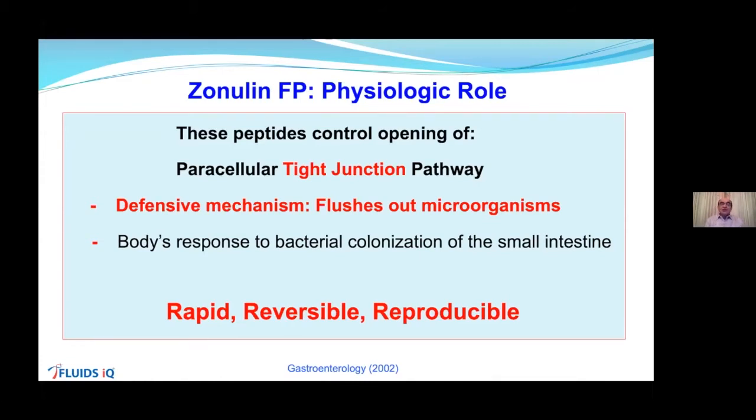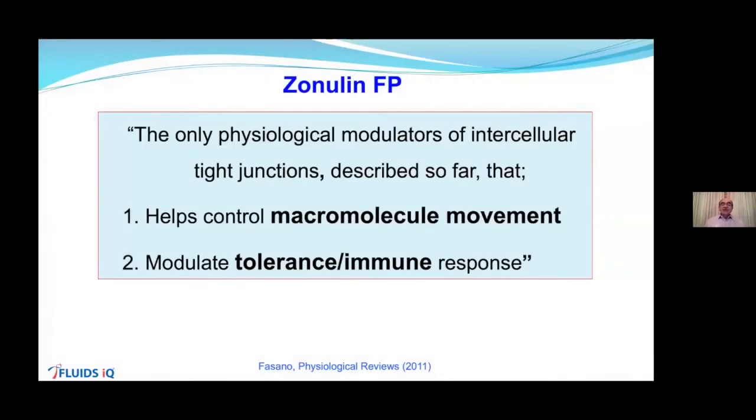And so you do have these tight junctions, and there is a particular proteinaceous entity in the body, which is called zonulin. And zonulin, which is found in all mammalian species, is in fact the molecule that controls the opening and closing of those tight junctions. It is the only physiological modulator to date of this intercellular tight junction area that's been described so far. And what it does is it helps control macromolecule movement, because I'll reiterate, the body does not want to take in macromolecules.